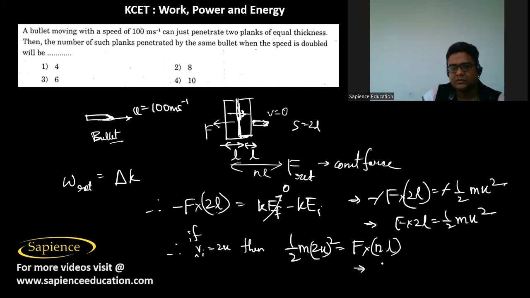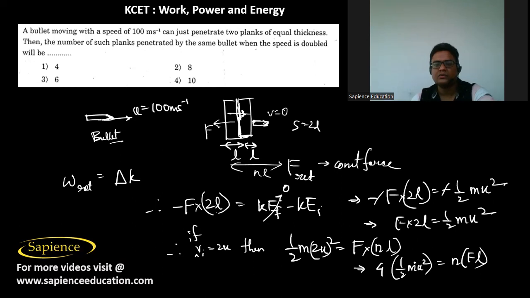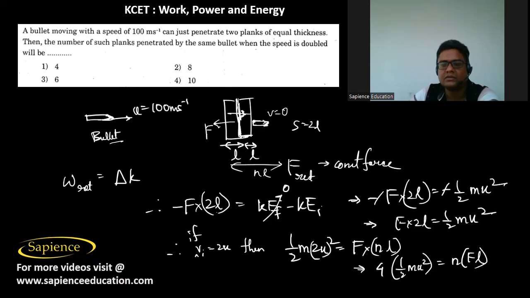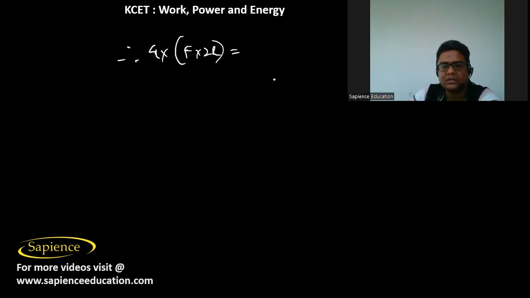So this will be equal to 4 into half m u square, which is equal to n into F L. Now half m u square is F into 2L. Therefore 4 into F into 2L equals n F into L. So F will cancel, L will cancel.